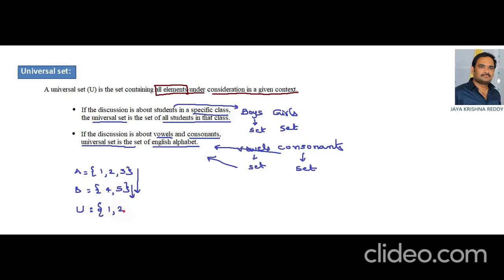That means the universal set is 1, 2, 3, 4, 5, and it may have some more other elements also. One more example, universal set U having elements 1, 2, 3, 4, 5, 6, 7, and two sets, A having elements 1, 2, 3 and B having elements 4, 5.